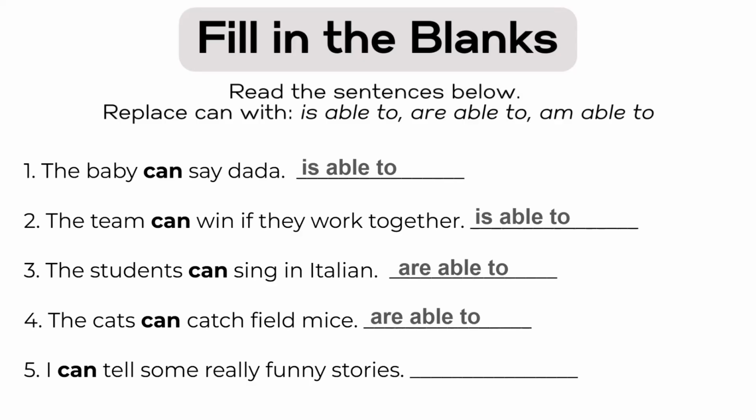Number 4, the cats are able to catch field mice. And finally, number 5, I is going to be am able to. Let's read that together. Number 5, I am able to tell some really funny stories. And again, we constantly see the verb 1 after these modals.